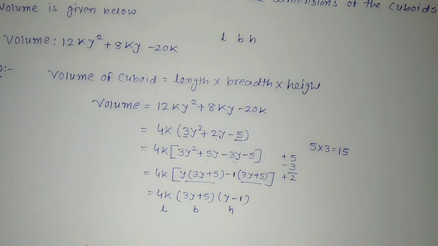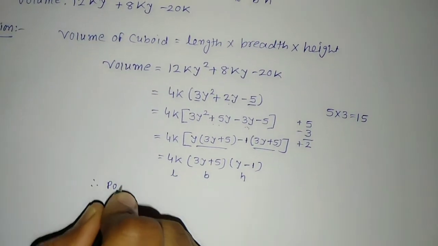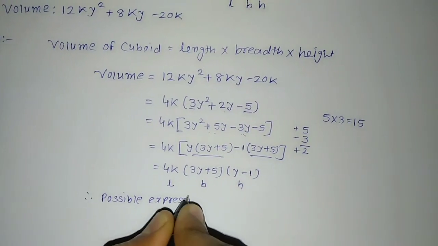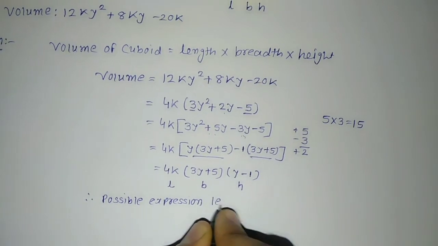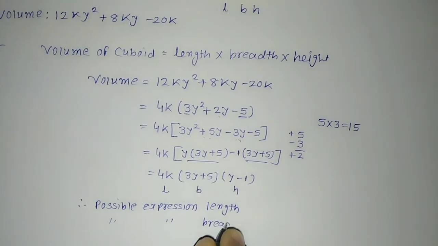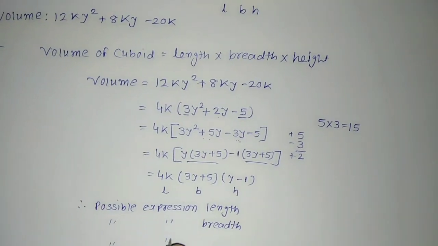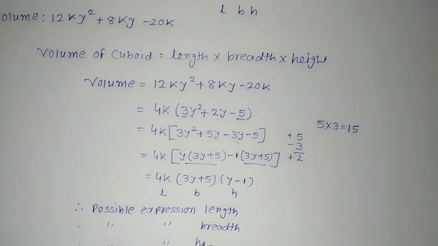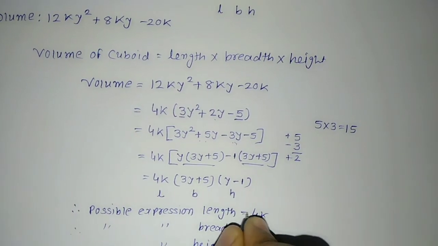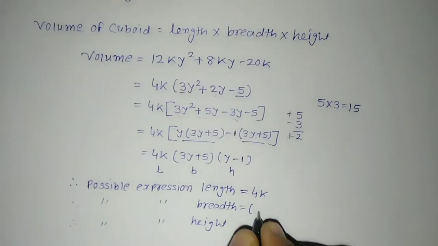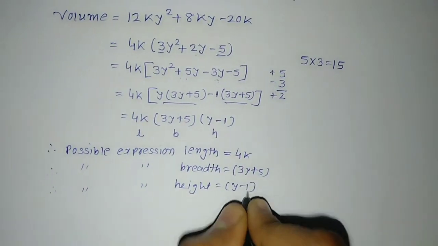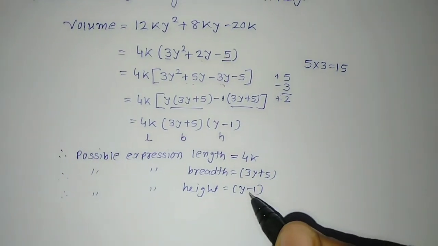So the possible expressions for length, breadth and height: I consider 4k as length, then breadth 3y + 5, and height y − 1.